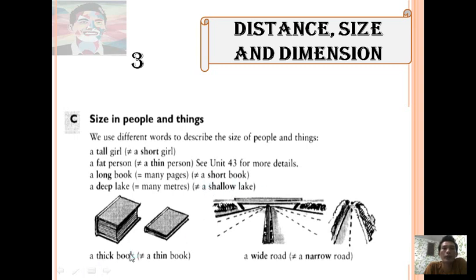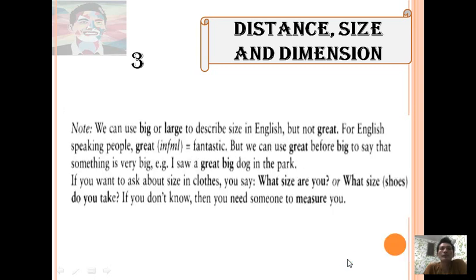A thick book, not a thin book. A wide road, not a narrow road. We can use big or large to describe size in English, but not great. For English speaking people, great is informal, fantastic.